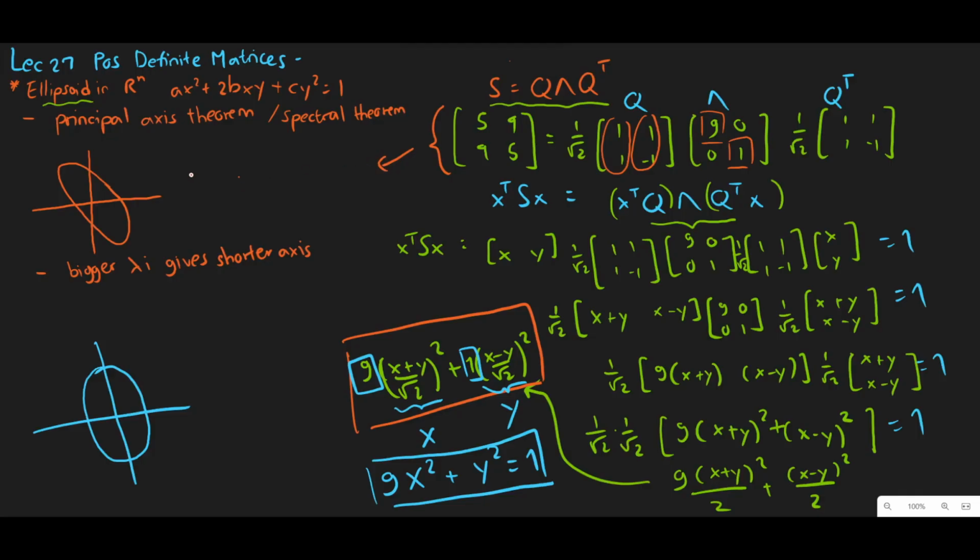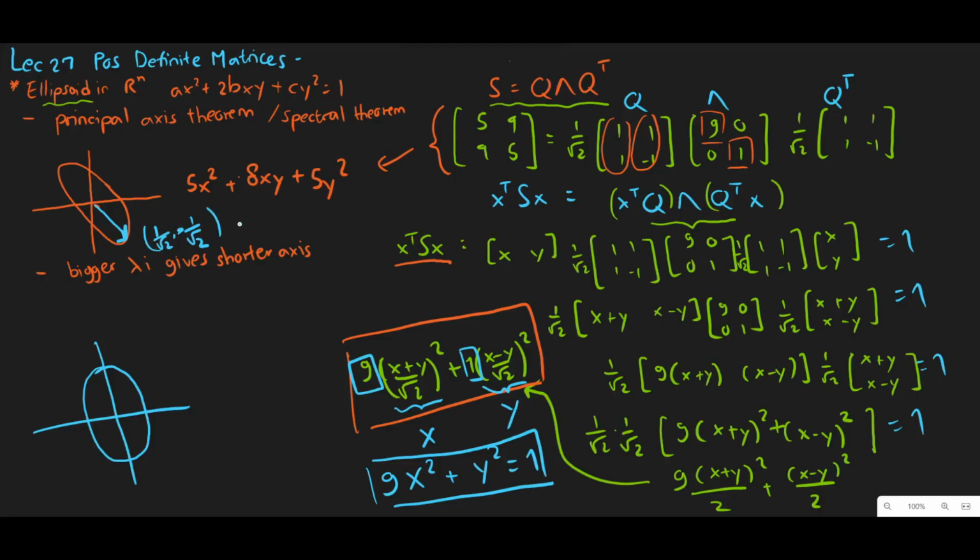If you have this equation of 5x squared, remember, if we compute x transpose A x, this is what we will have in the equation, plus 8xy plus 5y squared, and we will have this axis here, pointing in the direction of (1, -1).